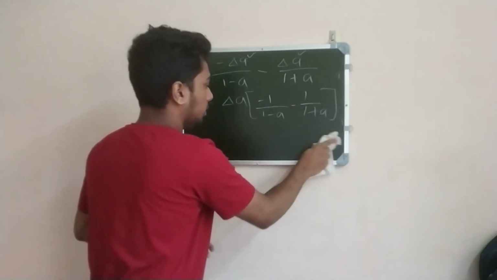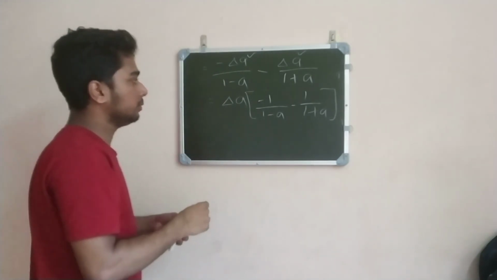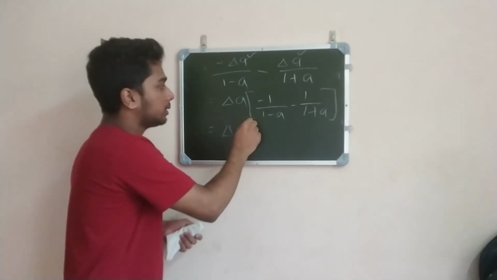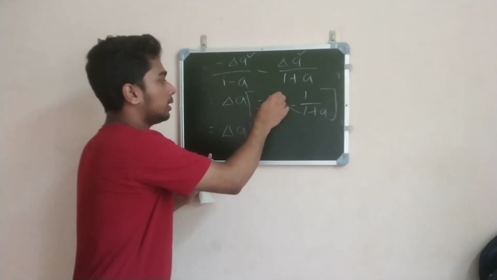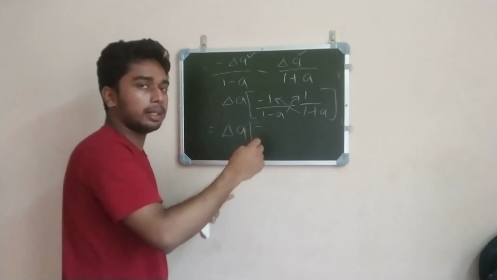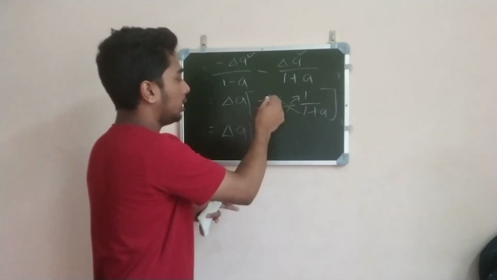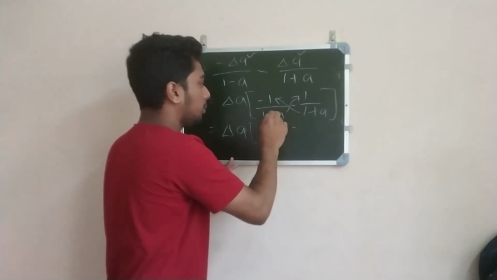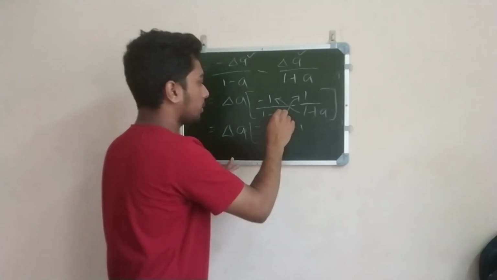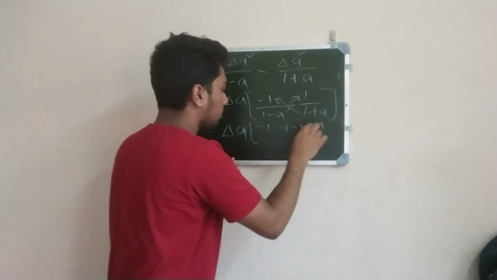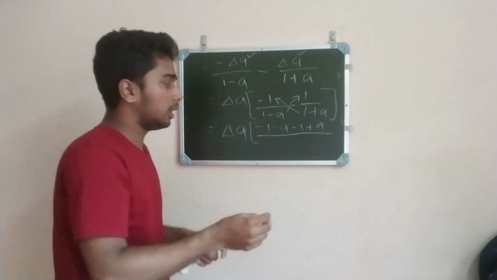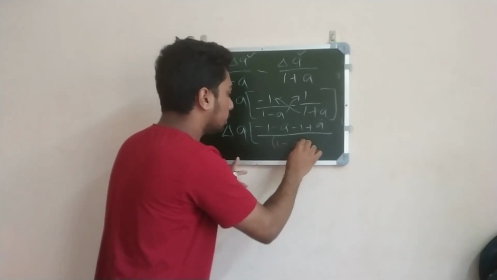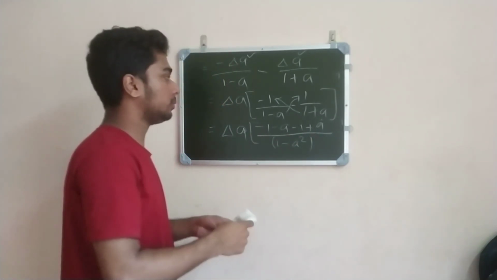So it will be delta a times, if you just multiply them, minus 1 minus a minus 1 plus a, divided by (1 minus a) times (1 plus a), which is 1 minus a squared.